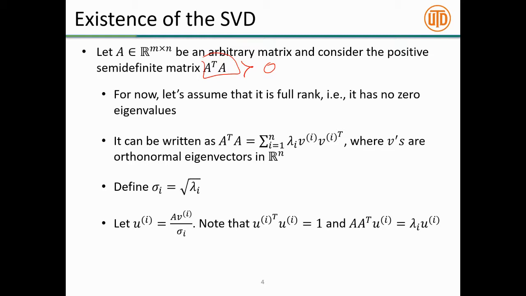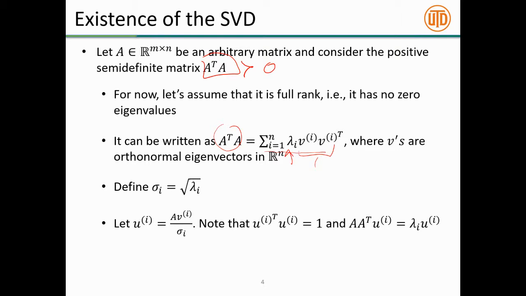Okay, so because the matrix A transpose A is positive semi-definite, it is symmetric, so it can be written as a sum over eigenvalues times its eigenvectors.